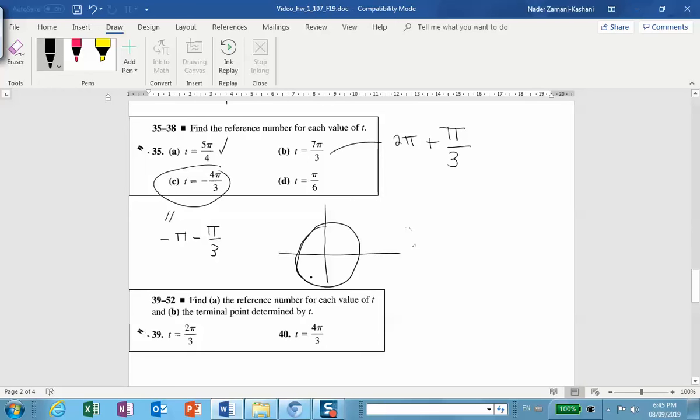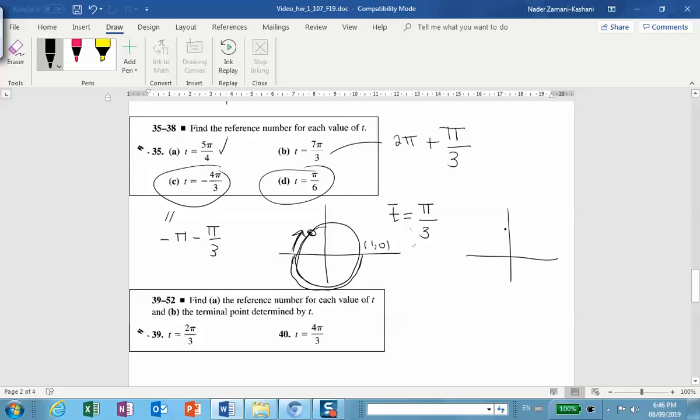Minus pi means that you start here and go clockwise. So when you go clockwise by pi, you end up at this location, and then you go another pi over 3. It'll take you right there. The shortest distance to the x-axis, positive obviously, always positive, is pi over 3.